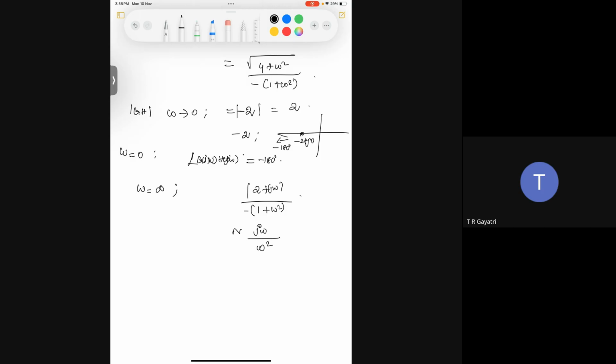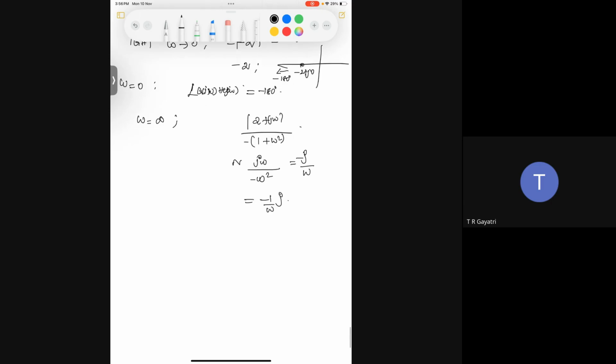Minus 1 will also go. So this will give me j by omega. So this will be minus 1 by omega into j. So if I substitute infinity here, magnitude of g of j omega into h of j omega would be 0 because 1 by infinity equal to 0.